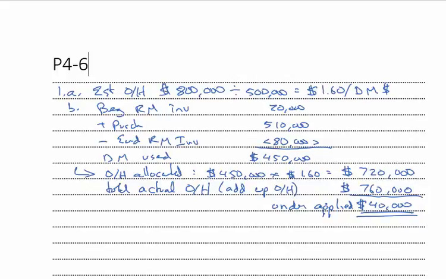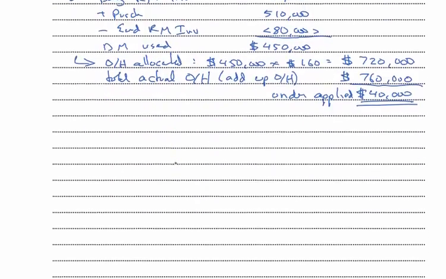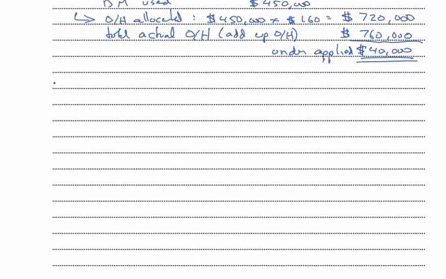All right, number 2, prepare a schedule of cost of goods manufactured for the year. Okay. This was Gitano Products Corporation.